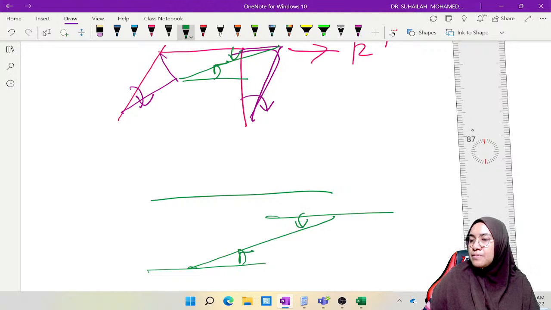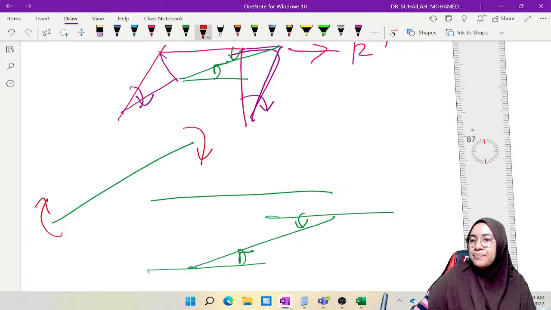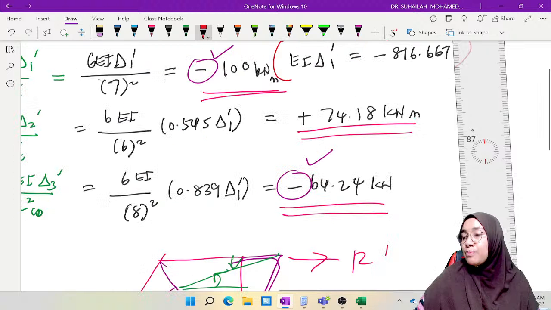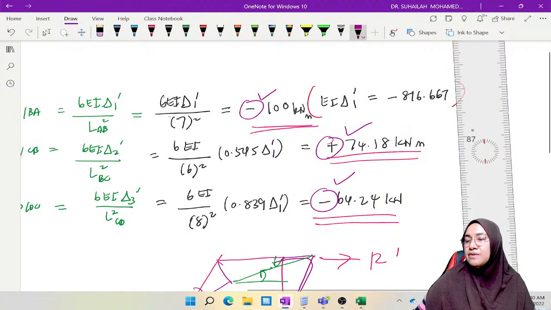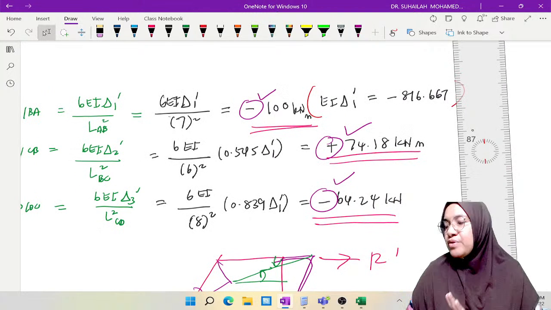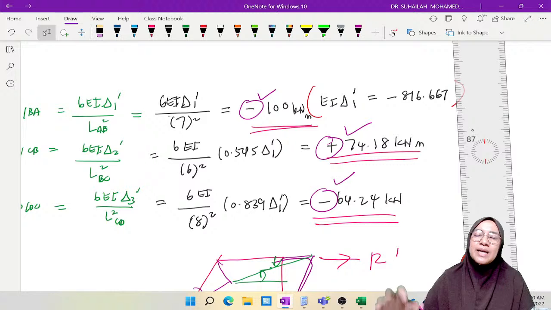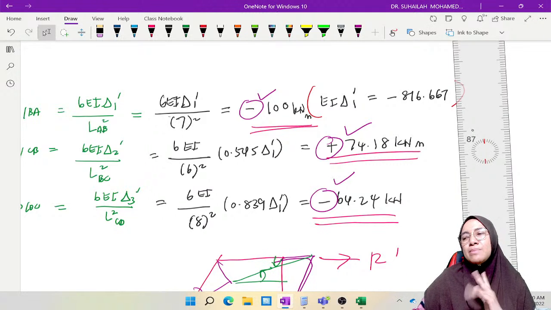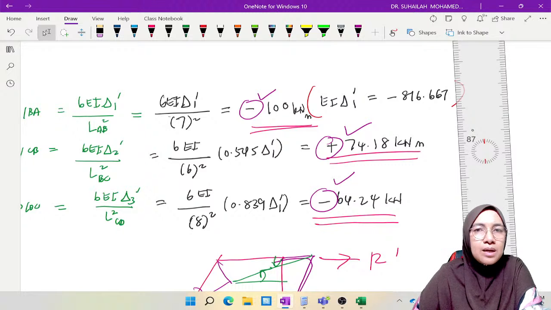So the angle is negative, and the moment we apply should be positive. So we now have the fixed end moments for a frame with side sway whenever one column is inclined. We find the ratio between each member.